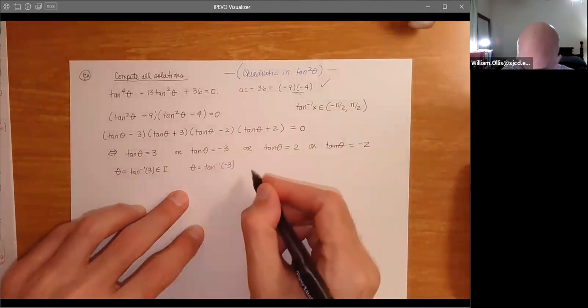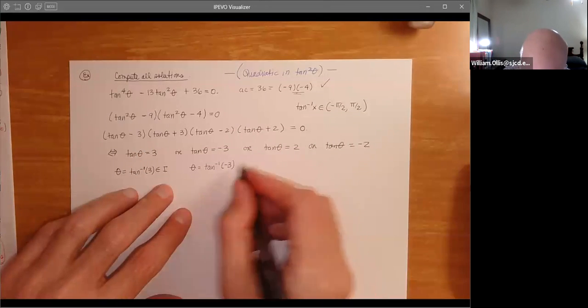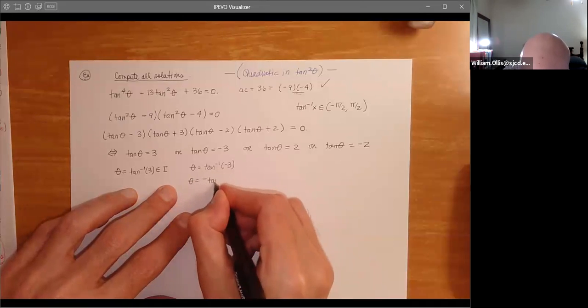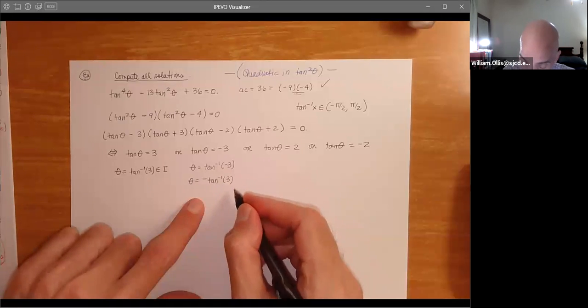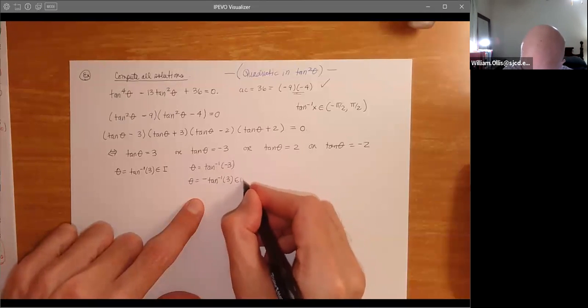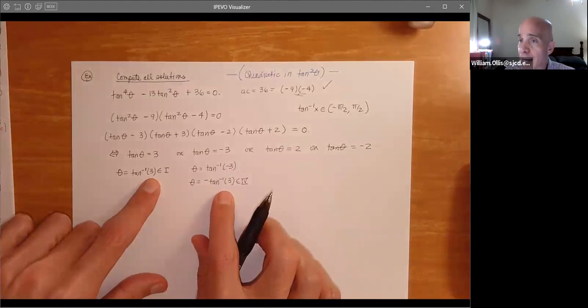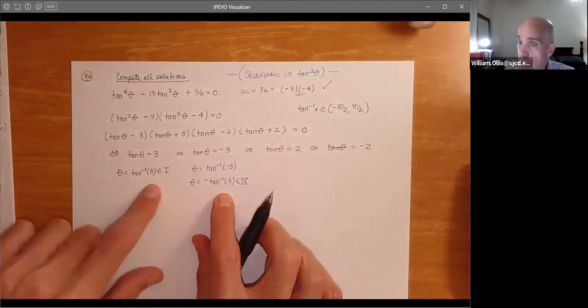But of course, we know that the inverse tangent is odd, so we can factor the negative. So theta equals the negative inverse tangent of 3, just the negative of this guy right here. And this is clearly in the fourth quadrant, okay? So we love the fact that the inverse tangent and the inverse sine are odd, so we can factor the negative. So very nice, easy to do.